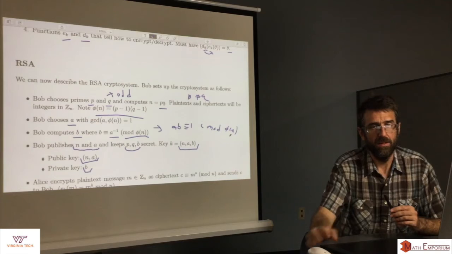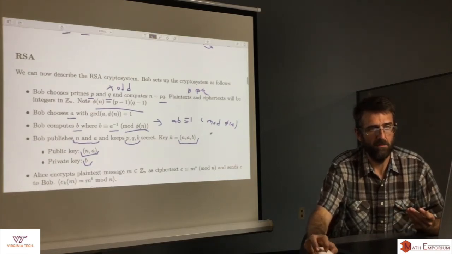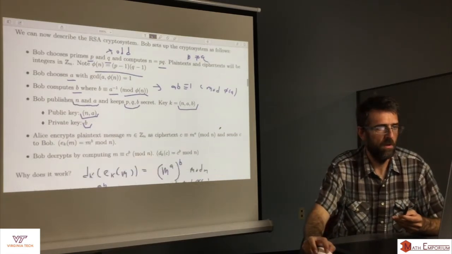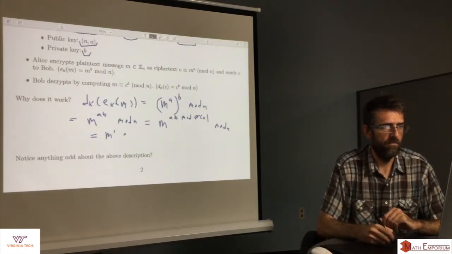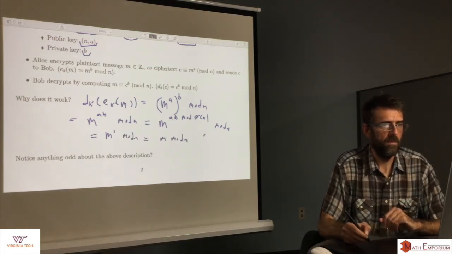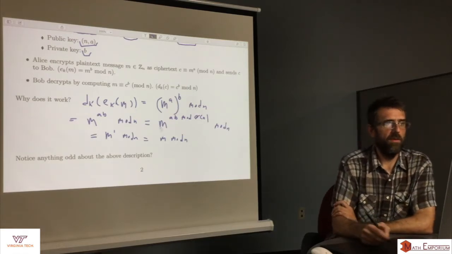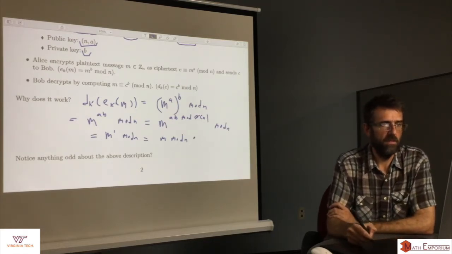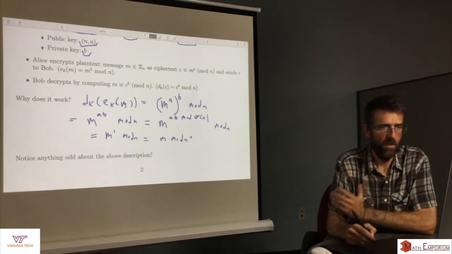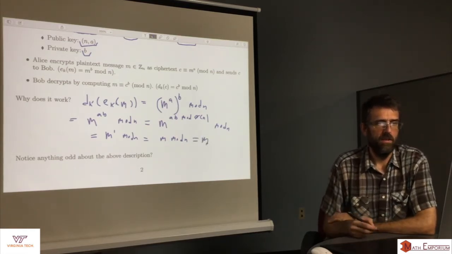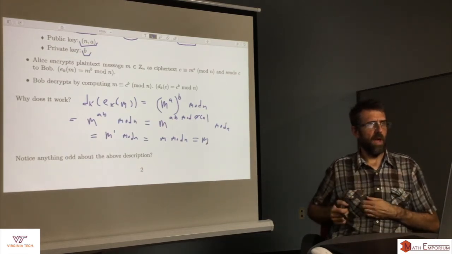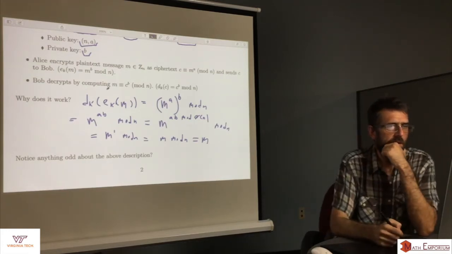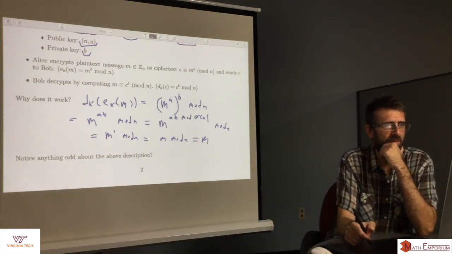Another way of saying that is if I reduce the product of A and B mod phi of n, it reduces to 1. So this just goes to M to the 1, but that's just the same as M. M was originally a message in Z mod n, so it was already normalized. So if it's reduced mod n, that just gives me M back. That's a simple way of showing why decryption of encryption gives me the same thing back.